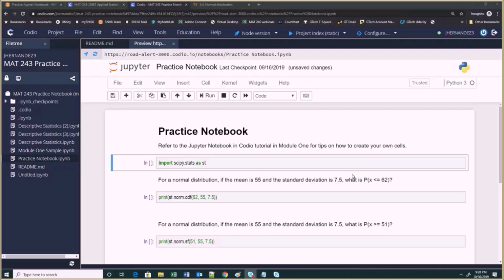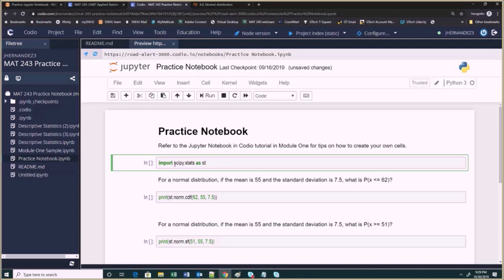In these examples, we will calculate probability for a normal distribution when the critical value and the direction is given. And also, we will calculate the critical value itself if the probability and the direction is given. We will start with importing the appropriate module or submodule that will help us do these calculations.